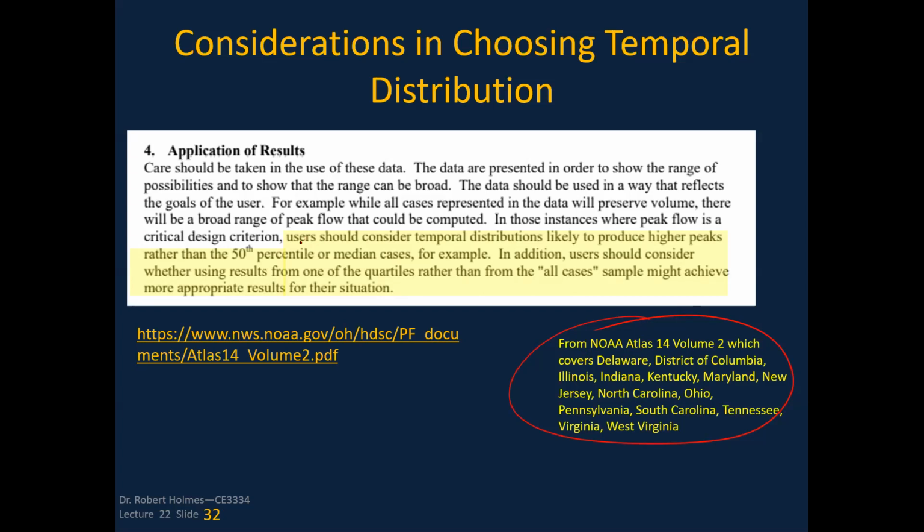This is what I want to highlight: users should consider temporal distributions likely to produce higher peaks rather than the 50 percentile median cases, for example. This is all talking about doing sensitivity analysis in any use of data, because we're fitting a statistical distribution. That's not the exact thing that happens, and you have to look at sensitivity in terms of the data that you're using. So it's just a reminder there.